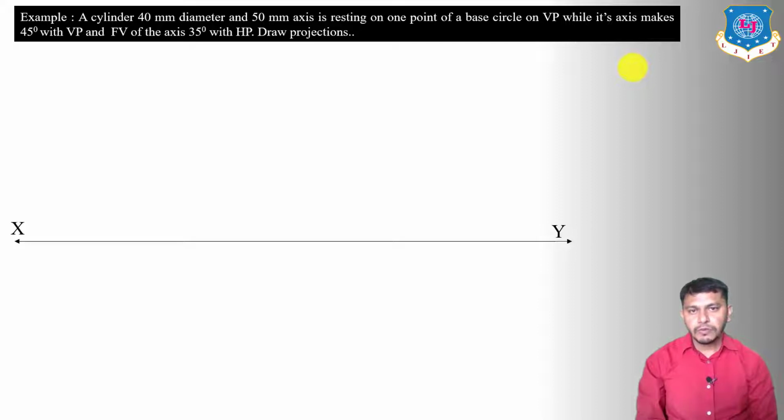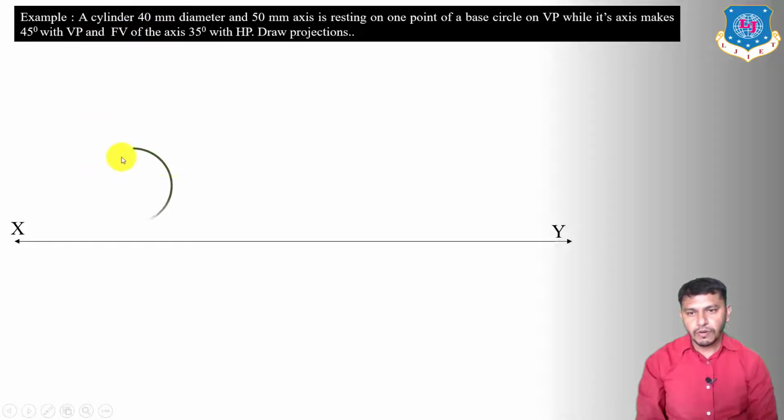First we start with the front view because it is resting on the vertical plane. To derive the front view, we have assumed that the base is parallel to VP and perpendicular to HP, and the top face is also parallel to VP and perpendicular to HP. So the front view of the cylinder will be a circle having diameter 40 mm.